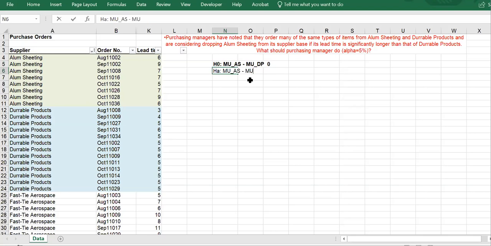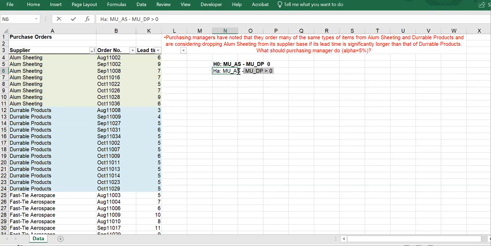So if the average lead time for alum sheeting is significantly bigger than the lead time of durable product, then we would drop alum sheeting. This sounds like a claim, something that we would need strong evidence for.